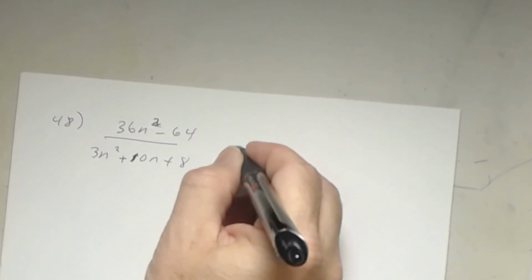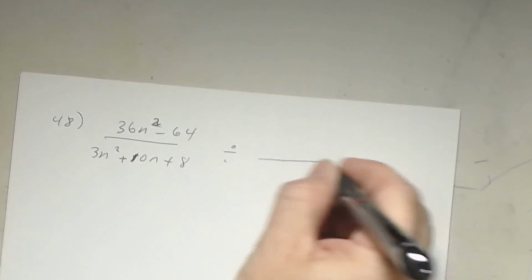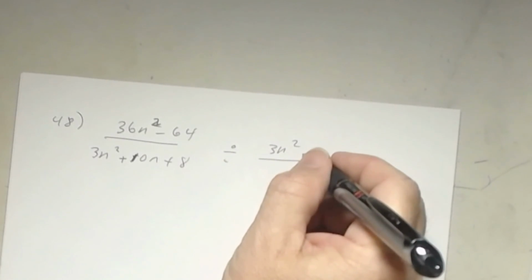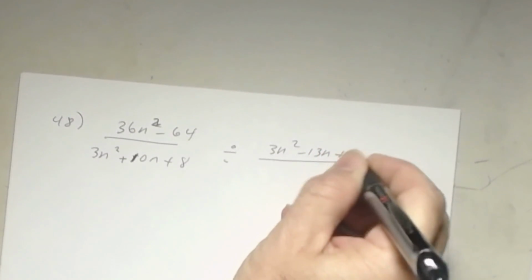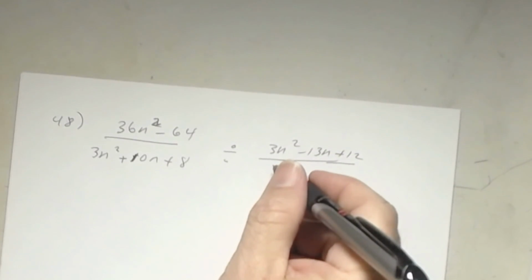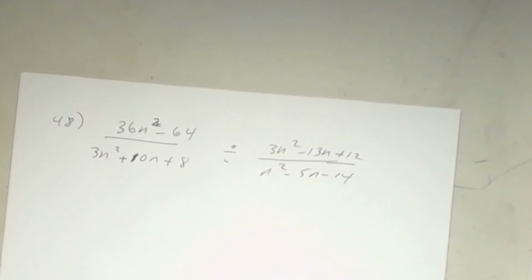So this rational expression is being divided by this rational expression, which is 3n squared minus 13n plus 12. And the denominator is n squared minus 5n minus 14. So n squared minus 5n minus 14. Okay.